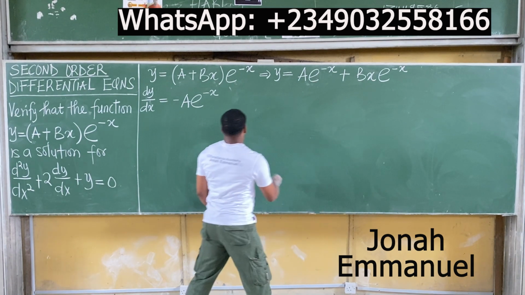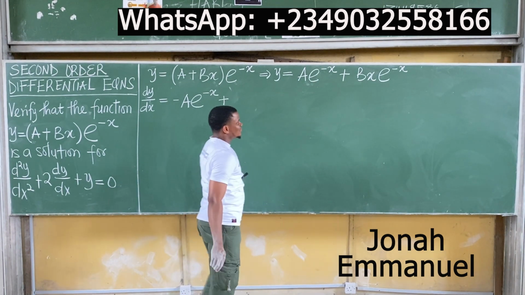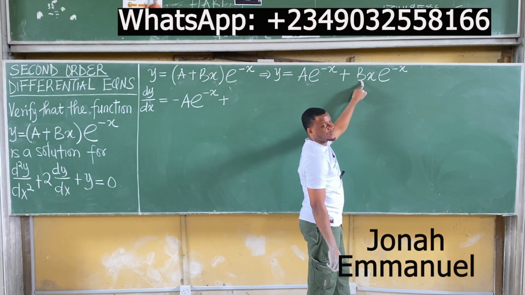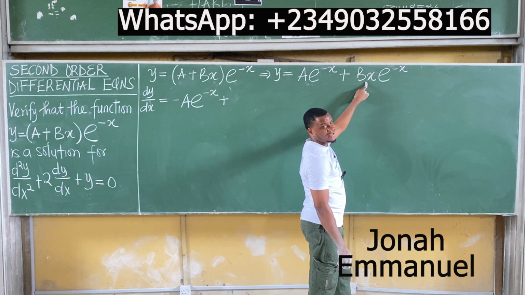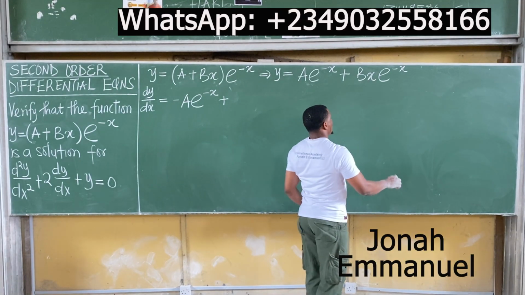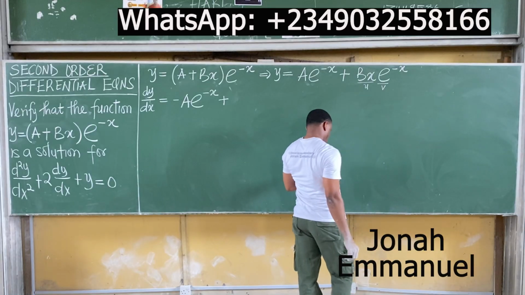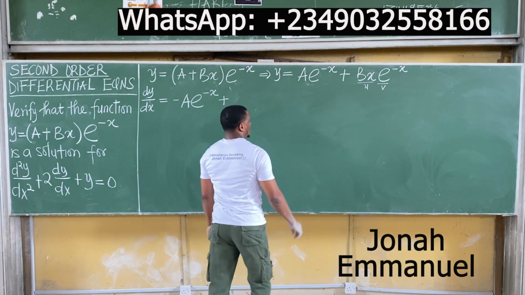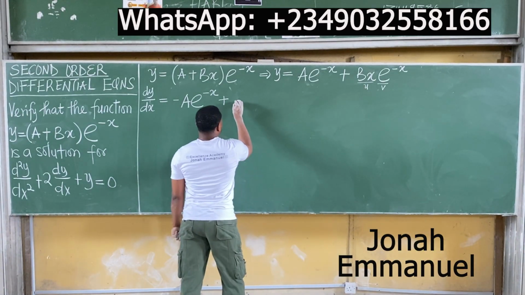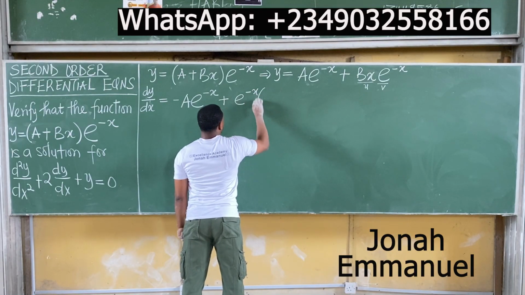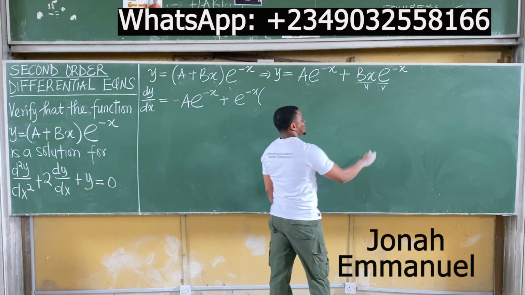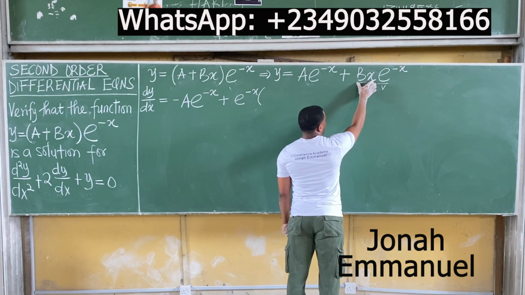That's it. Plus, in this one here, you can't say this is a constant and just multiply. No. The constant has x. It becomes a product rule question. For product rule, this is u and this is v. Let's use product rule. Product rule says v, this one first: exponential minus x times du/dx. Differentiate this with respect to x.